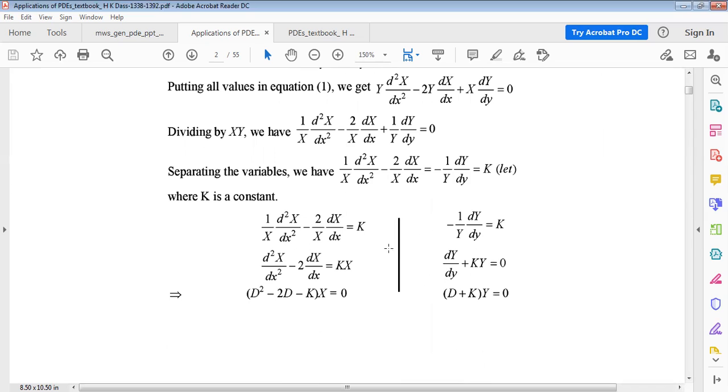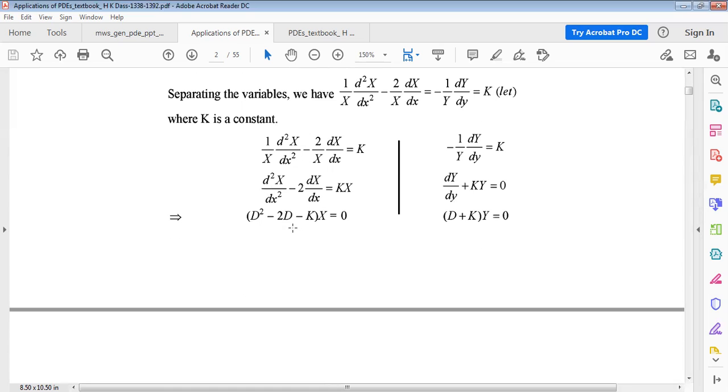Now first part equals to k and second part equals to k. Right hand side equals to k, left hand side equals to k. Now this is the ordinary differential equation. Just multiplying X on both sides, we get this, and this is D square minus 2D minus k into X equals to 0. This is the ordinary differential equation with constant coefficients.